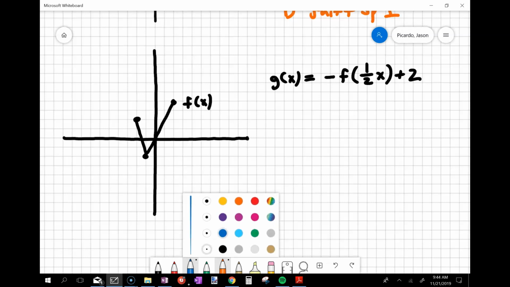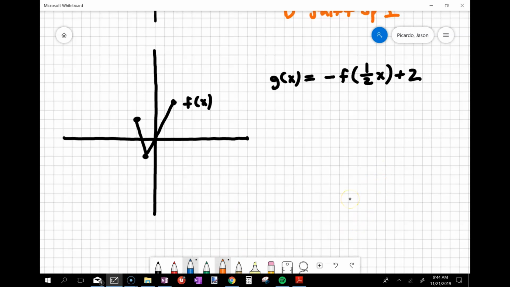So C, B, A, D. Is there a C value of interest? Am I adding or subtracting anything inside? No. Is there a B value of interest? Yeah, what's the B value? The b value is 1/2, okay? So the c value does not exist. The b value is 1/2.